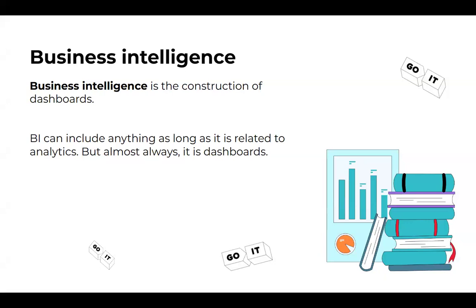So, for the most part, business intelligence is synonymous with dashboards. And that's really what companies will use, especially the much larger ones, to be able to track metrics. So whatever metrics they need to track, they'll usually use business intelligence to do that.